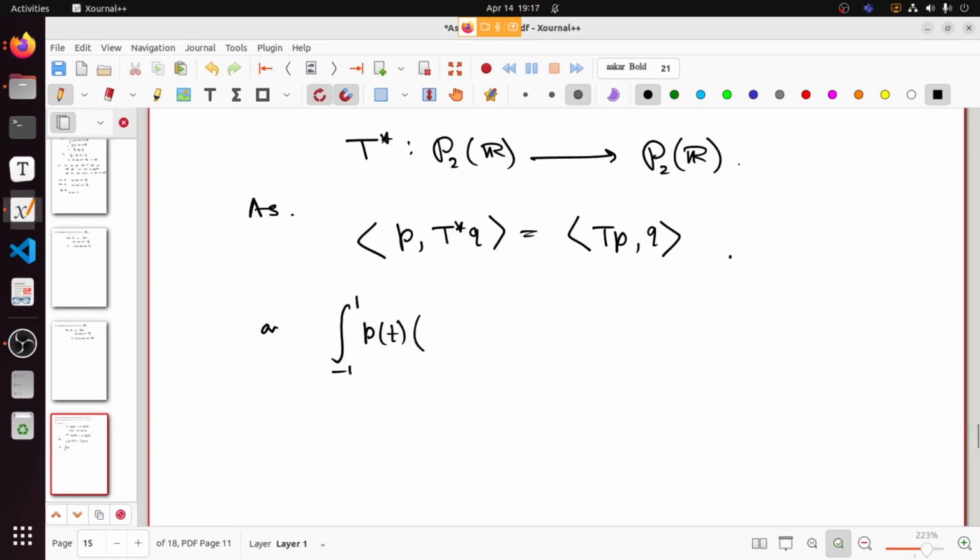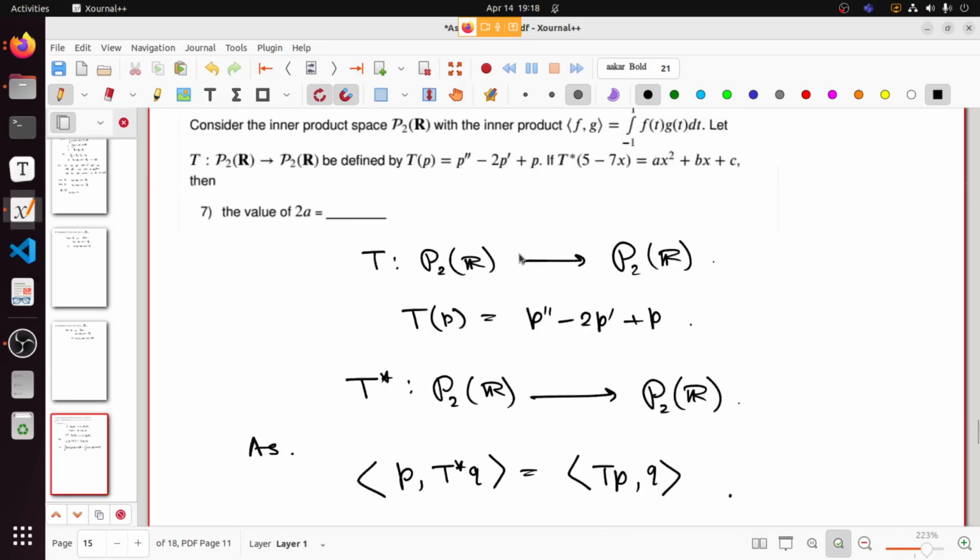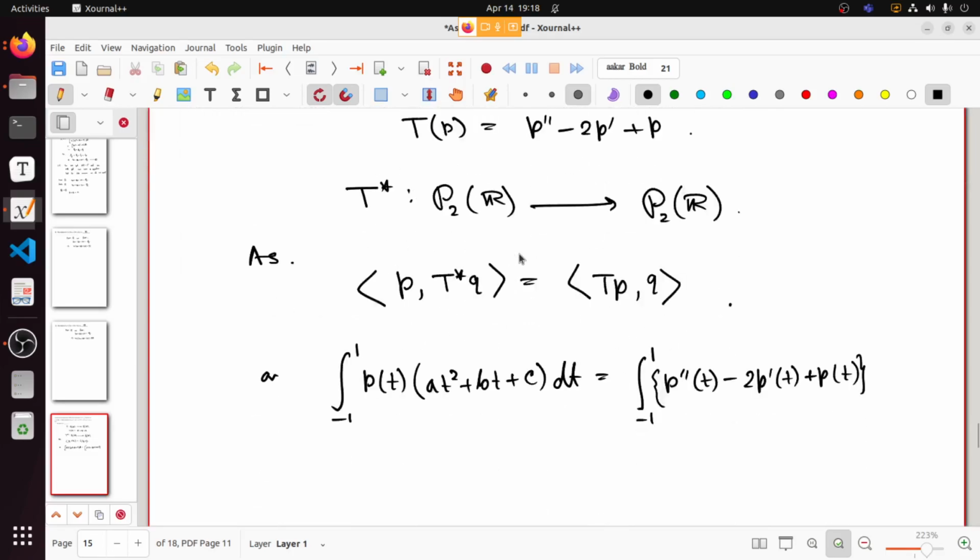It is at² + bt + c, right? dt. And what is the right hand side? It is integral from -1 to 1, Tp, what is Tp? This is p''(t) - 2p'(t) + p(t), right? And what is q? q is given as 5 - 7x, right? 5 minus.